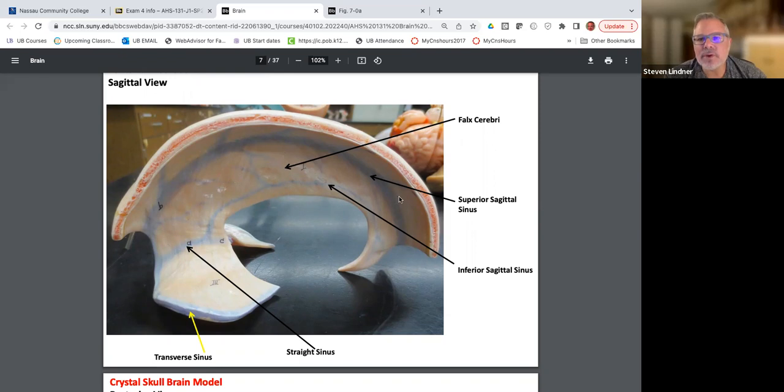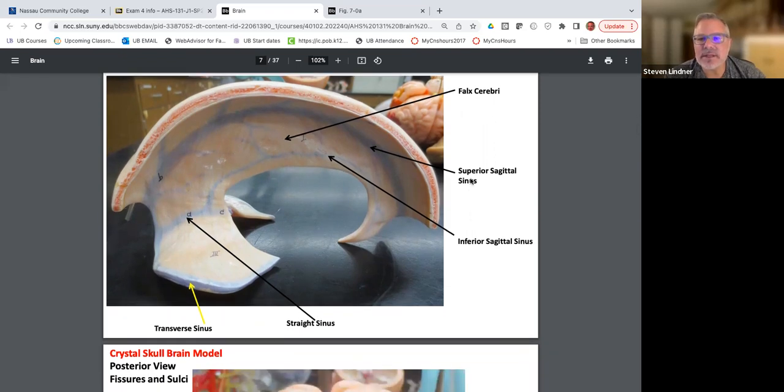It'll be important to know these structures here: the superior sagittal sinus, the inferior sagittal sinus, the straight sinus, and then the transverse sinus. These are all ways of getting deoxygenated blood shunted away from the brain and trying to find its way back into the heart. Okay, so those are a few important structures.